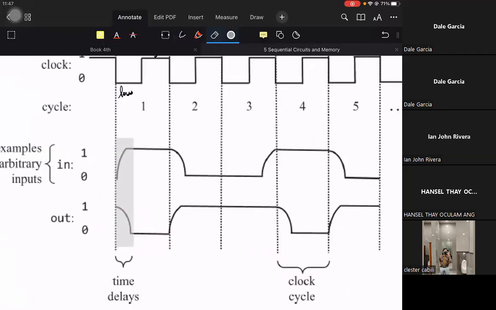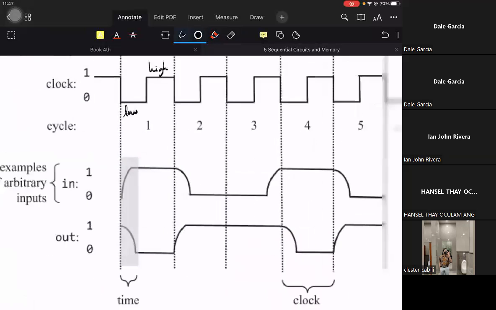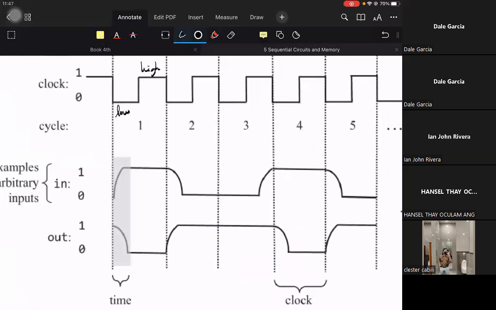So the first thing to determine, if you become a microprocessor or chip designer, is, based on whatever semiconductor technology your chip is made of, the maximum delay time, and make the cycle time just slightly longer than that.